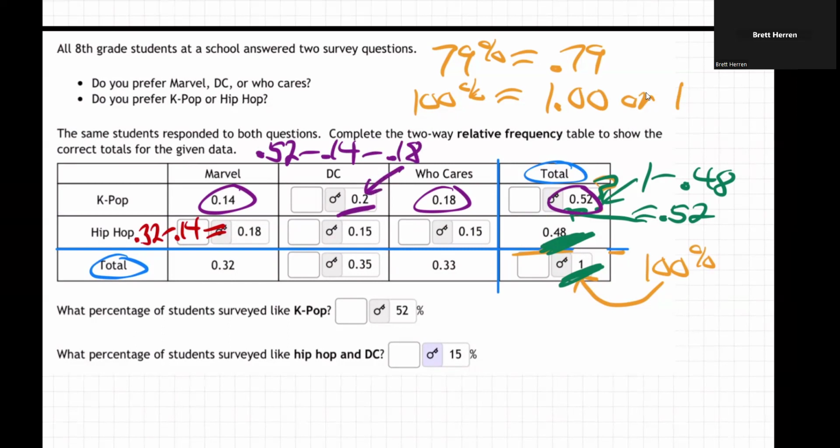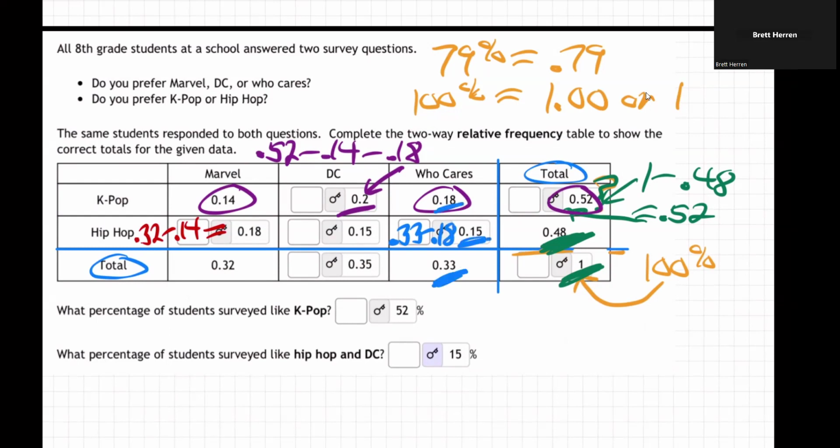Okay, and then once you've got that, it's kind of tricky. Oh, and next we can go to this one. How do we get this one? Right, so whenever you've got a whole row or a whole column with just one missing, you can get it. So how do we get this one right here? It's going to be the total 0.33 minus 0.18 because you have the total and you have the 0.18.